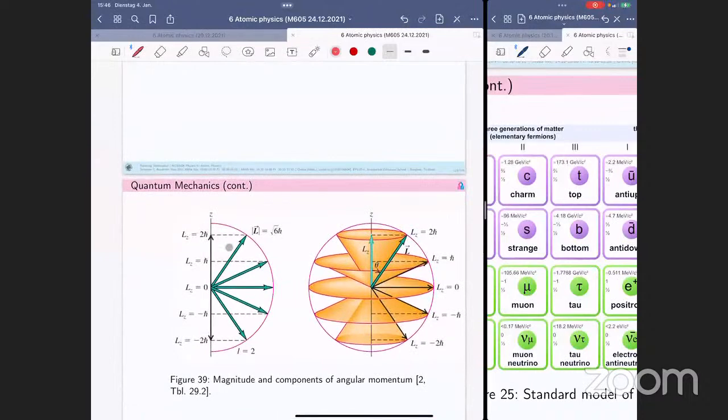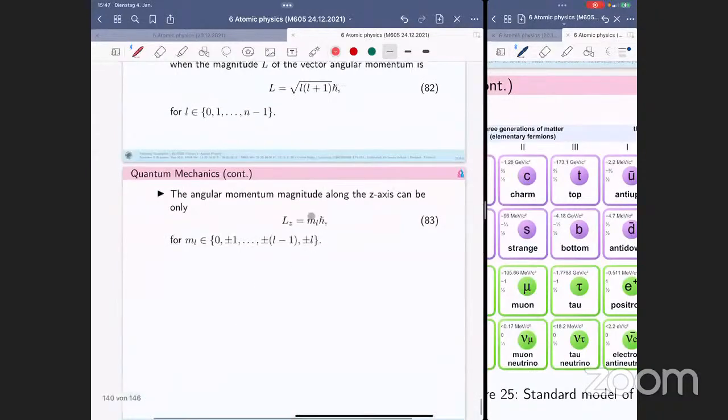This is the case when L equals 2. Lz equals 0, h slash, 2h slash, minus h slash, minus 2h slash. That's the result here.